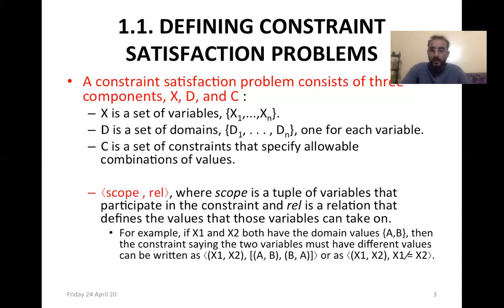It means that if we are going to assign value a to x1, then we cannot assign this value at the same time to the variable x2. And similarly, if we are going to assign the value b to variable x1, then we cannot assign this value at the same time to variable x2. So variables x1 and x2 must have different values. So this is the constraint.